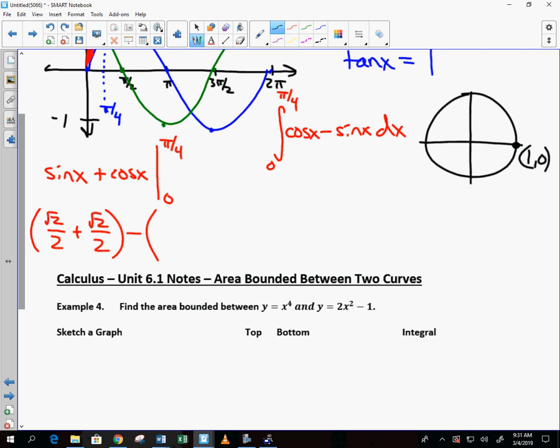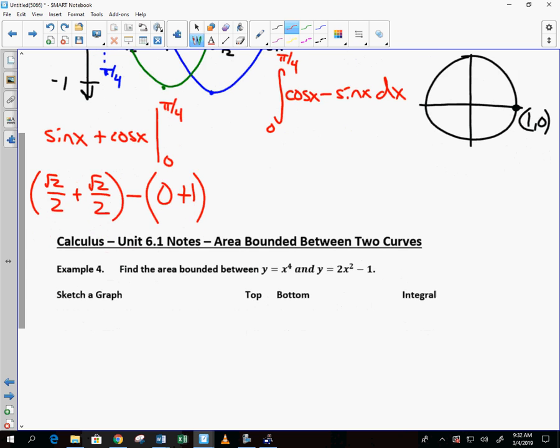That's 0 degrees, or 0 radians. Is sine the x value or the y value? Sine is the y value. Square root of 2 over 2 plus square root of 2 over 2?